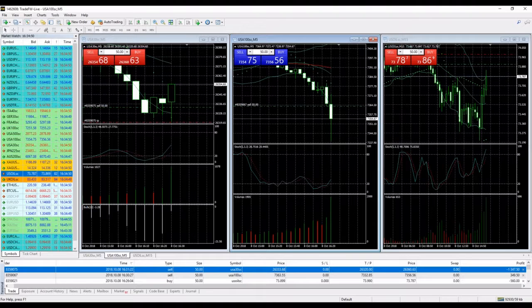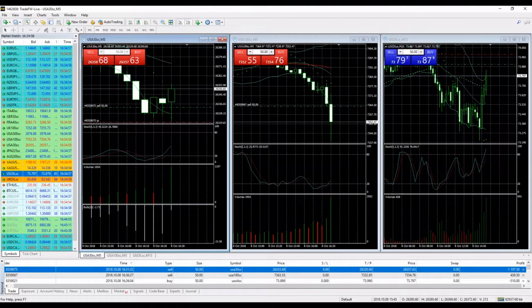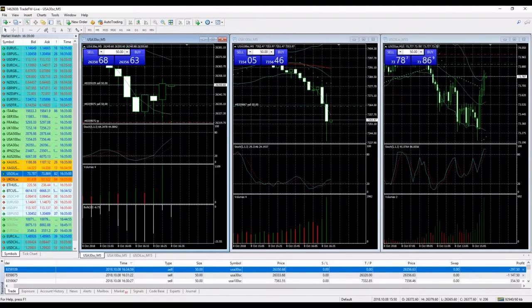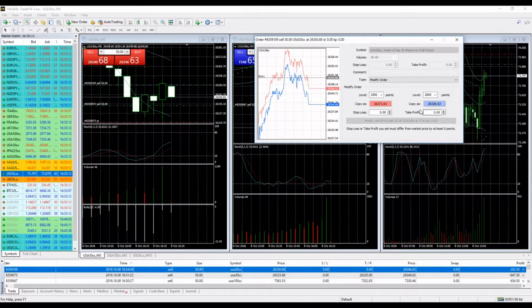USA 30 moved a bit against us, and I'm getting ready to sell again USA 30. Just sold again USA 30, guys. And also here I will set the same take profit to increase our exposure.